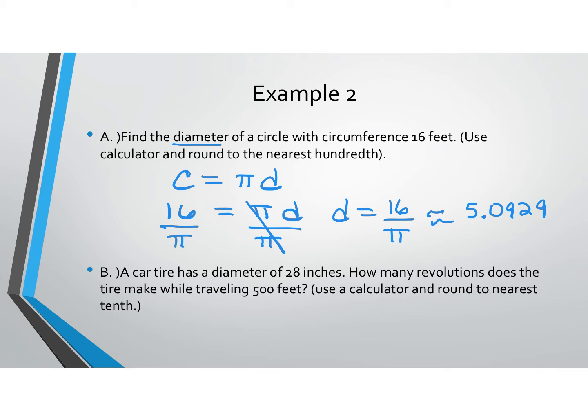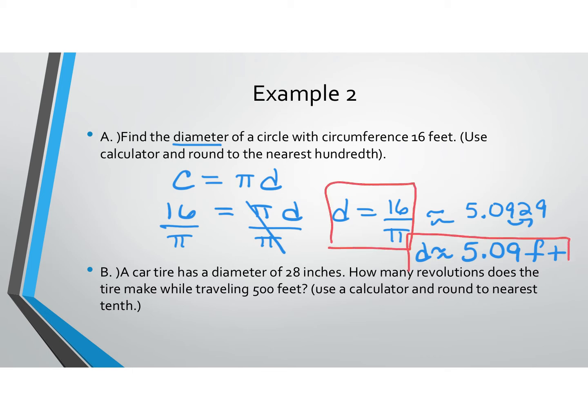Rounded to the hundredths place, the 9 looks at the 2, and it becomes 5.09 feet. So in terms of pi, it's this, but rounded to the hundredths place using your pi button, it's 5.09.